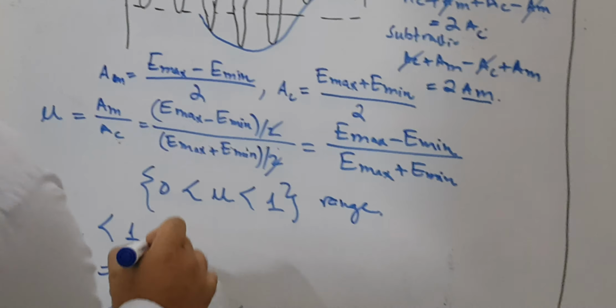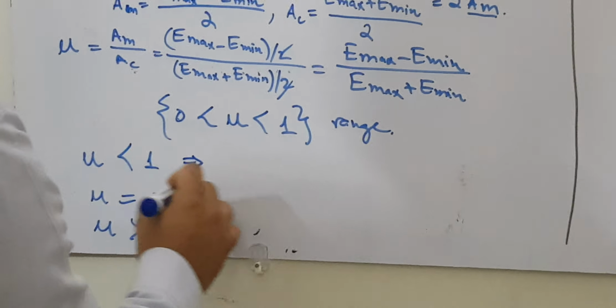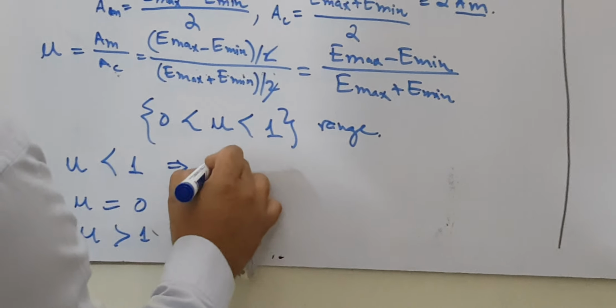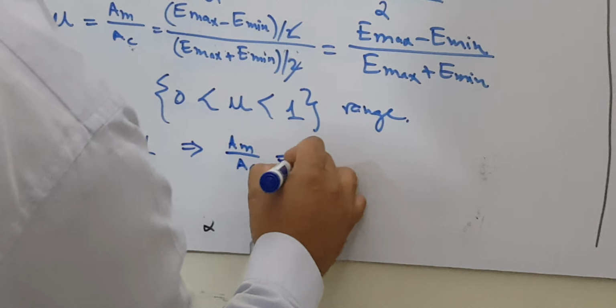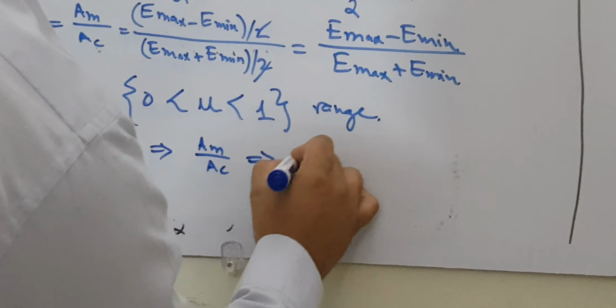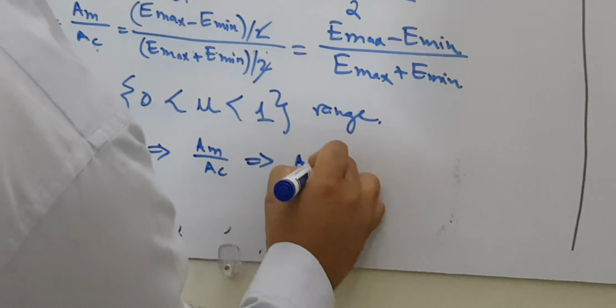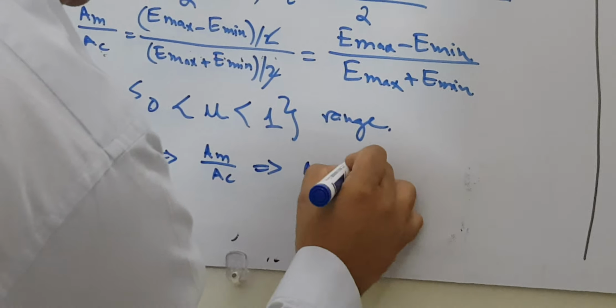If you say that your modulation index is less than 1, what does that mean? Modulation index is AM divided by AC, so less than 1 means that AM is less than AC. Here you can see that your AM is less than AC.